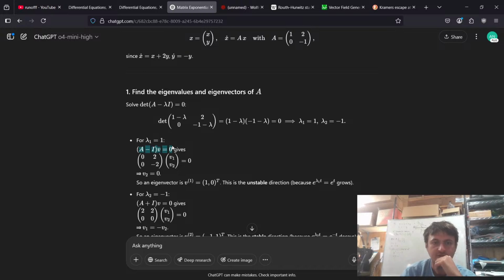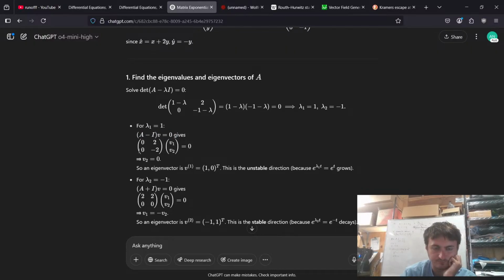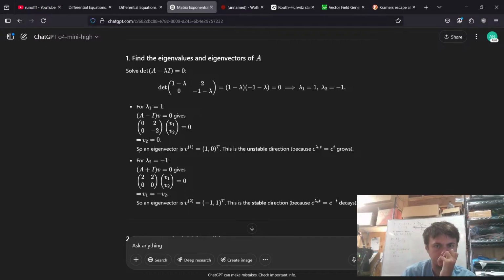And then you solve for A minus lambda I times your vector is equal to 0. So then you solve this homogeneous equation and you get your eigenvectors. Okay.